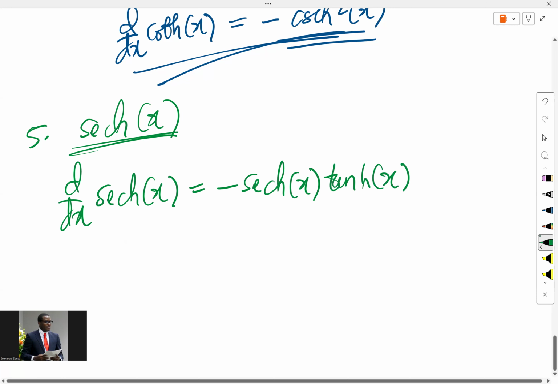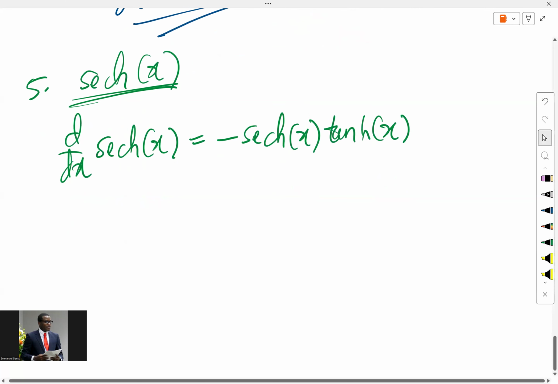So if you want to try that out, just know that sech x is the same thing as 1 over cosh x. I know that cosh x is e raised power x plus e raised power minus x divided by 2. So you just reverse it and do the differentiation, just like what I did now. Okay, so that is what you have for sech x.